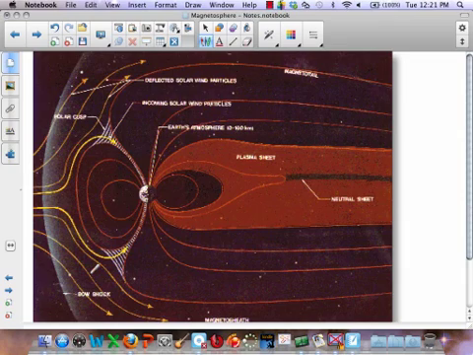What happens there is those charged particles follow along in between those fields and it makes contact with our upper atmosphere. When it makes contact, it releases that energy in the form of light, because what's happening is those electrons are getting excited. There's a lot of energy coming in, so the little electrons start to get really vibrating away, and they get super excited.